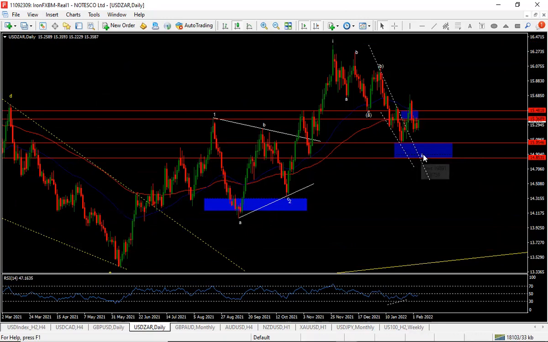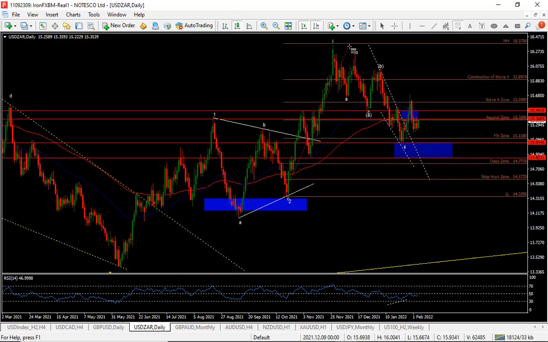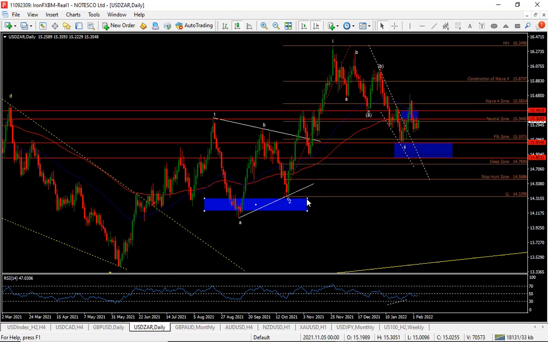And then we've got a 2 of 3 of 3, right? And this 2 of 3 of 3, how do we measure it? We measure it from this point to that point. So we eliminate this since we're no longer using it so that we don't get confused. So hence we say that they can come in the deep zone, but they came in the fib zone, right?